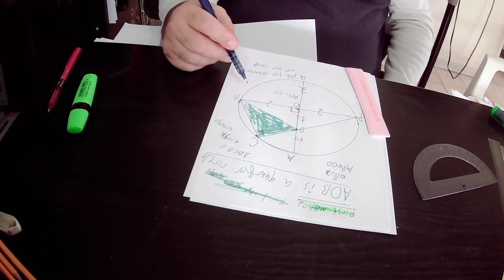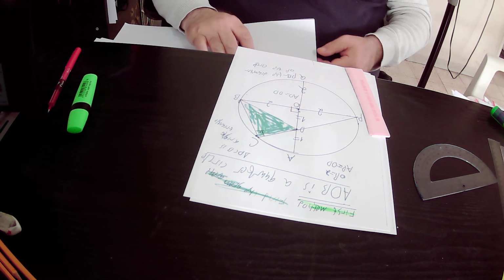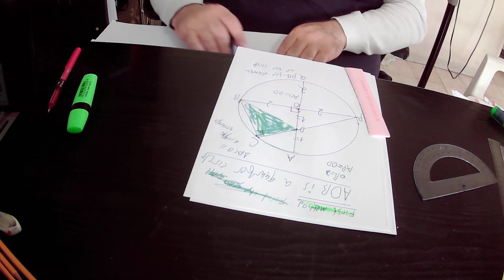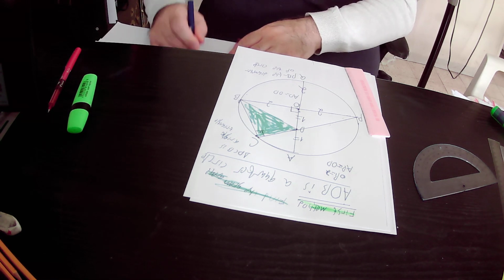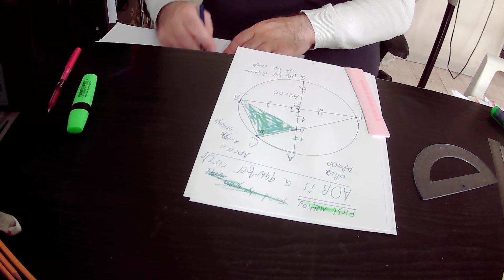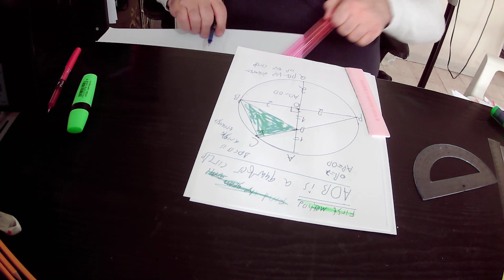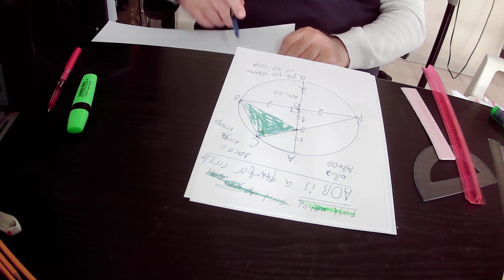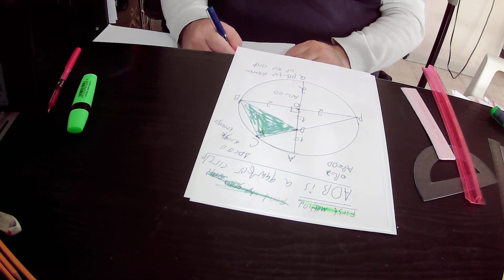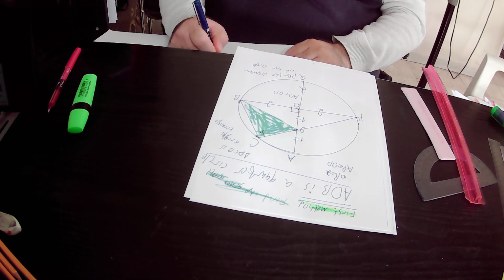Here we will focus on the right triangle POD. In the right triangle POD, according to the Pythagoras theorem, the square of the hypotenuse equals the sum of the squares of the perpendicular sides.